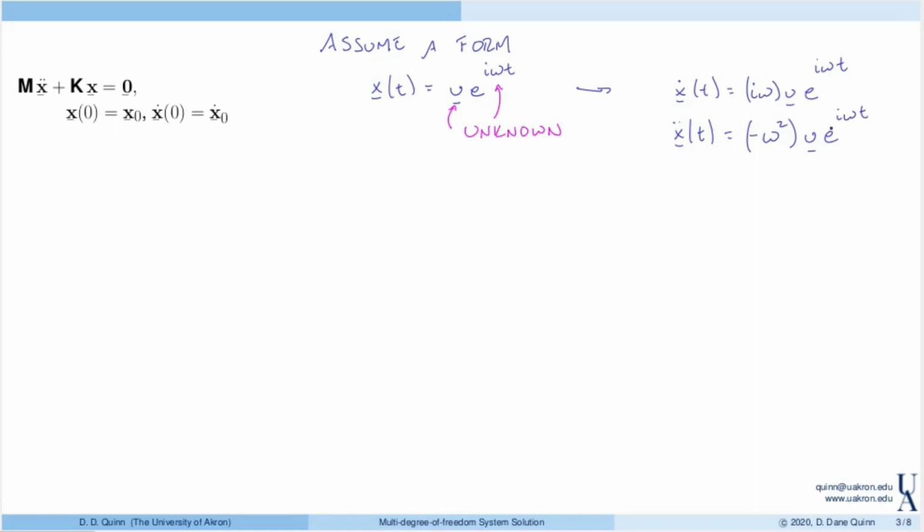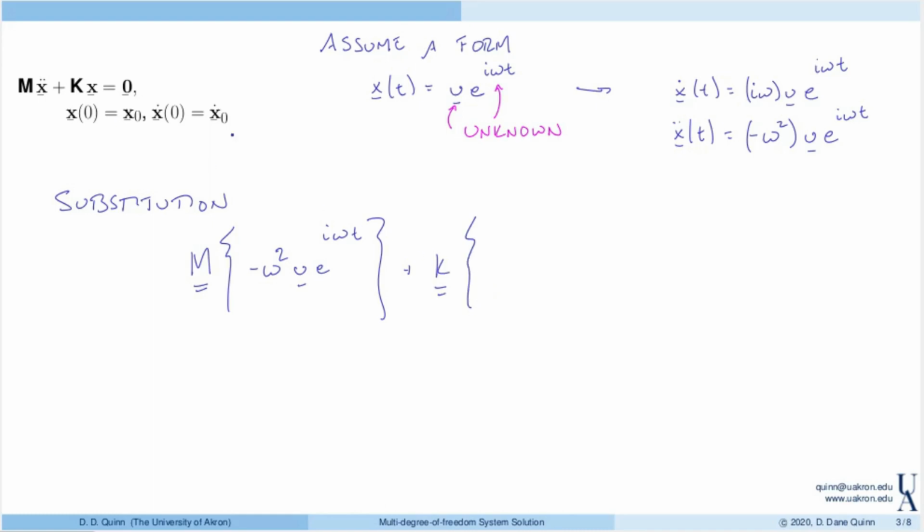So we'll take this and substitute it in, and it gives us the following: m times x double dot. Well, x double dot was minus omega squared u e to the i omega t, plus k times x. Well, x was u e to the i omega t.